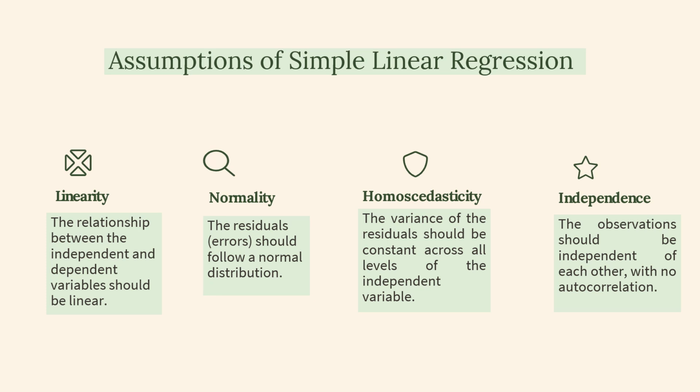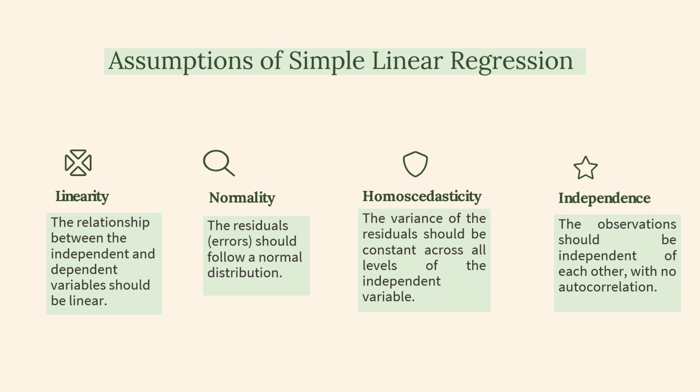Assumptions of simple linear regression. Number one is linearity. The relationship between the independent and dependent variable should be linear. The second one is normality. The residuals, or errors, should follow a normal distribution.